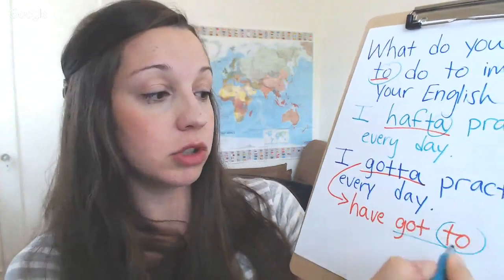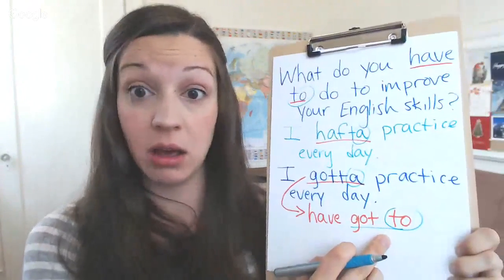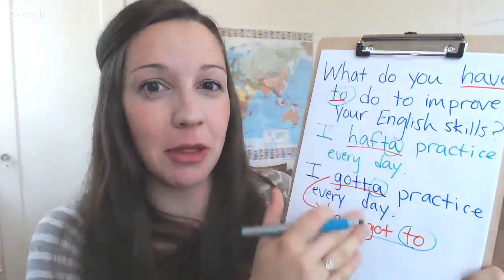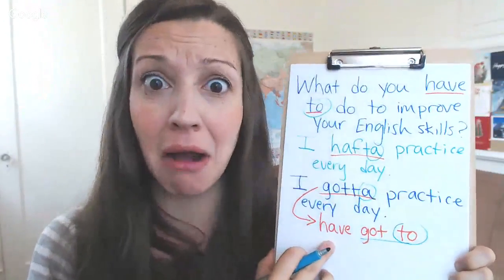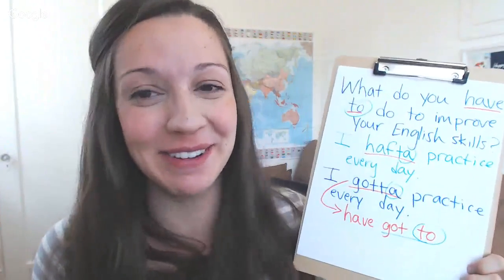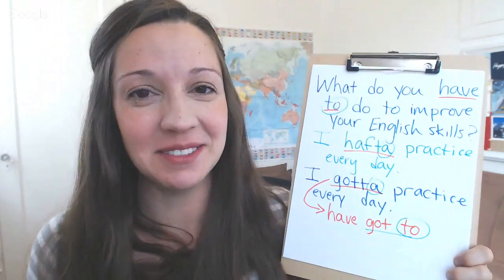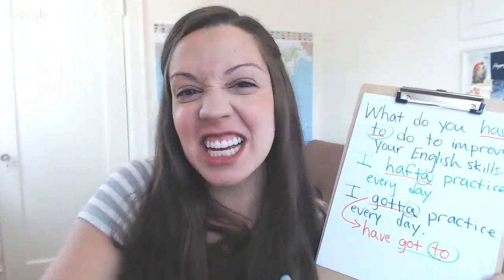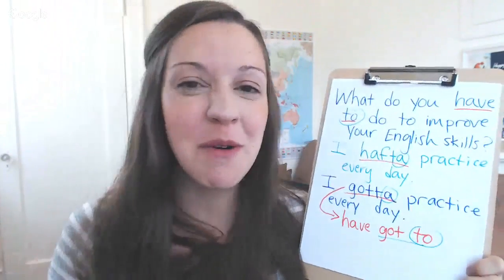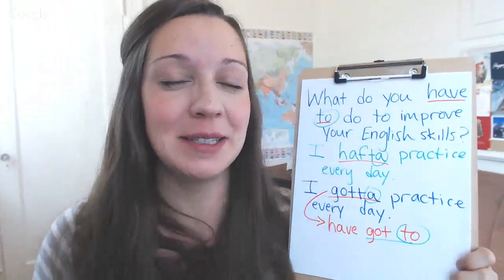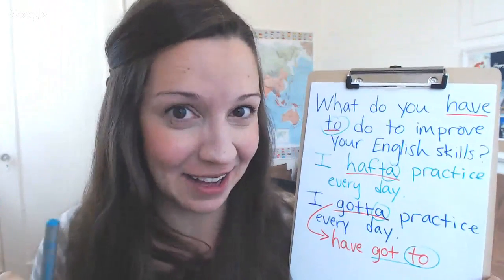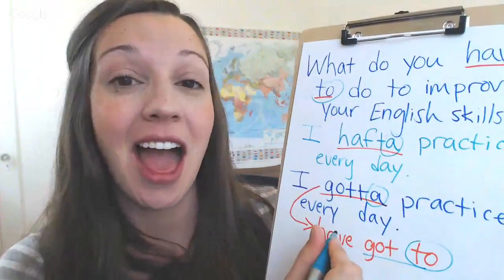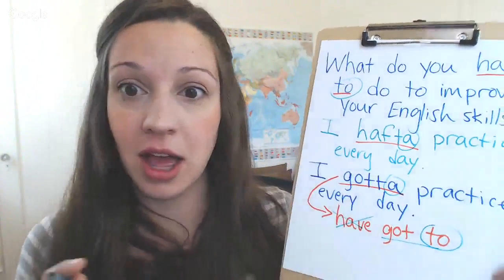"Got to" becomes the "gotta," and then we've got. Pretty clear compared to the other ones, but what about "have"? What happened to "have"? Well, as I mentioned, when native speakers are talking quickly, we often like to cut out things, throw them away, reduce them, speak quickly, and that's exactly what's happening. So, in this situation, "have" is gone.